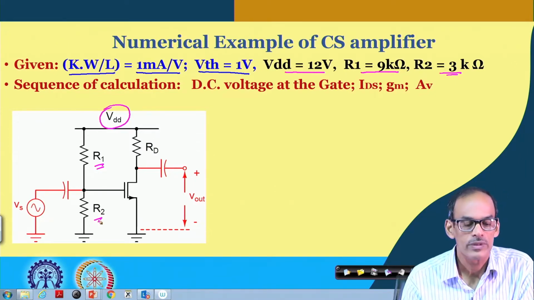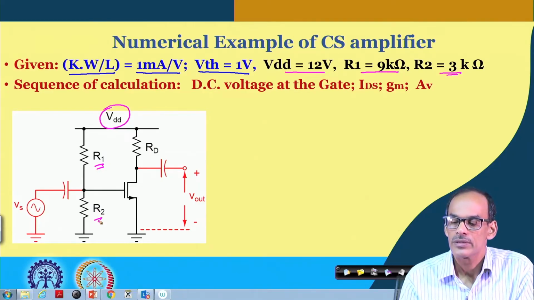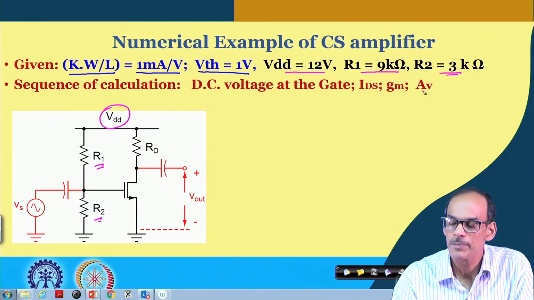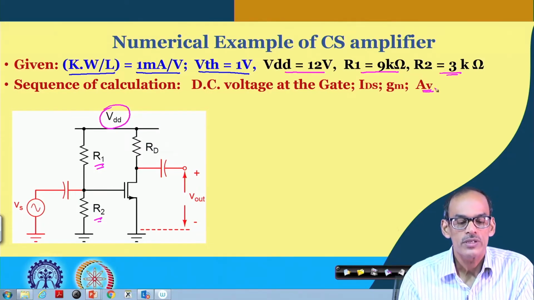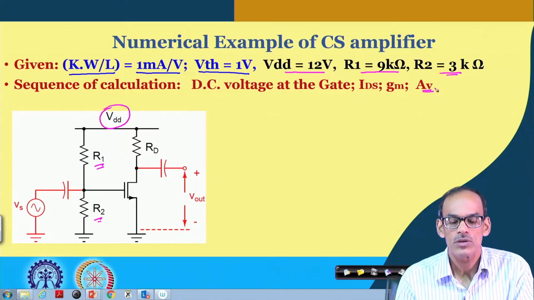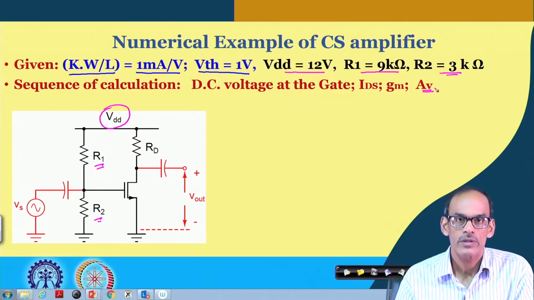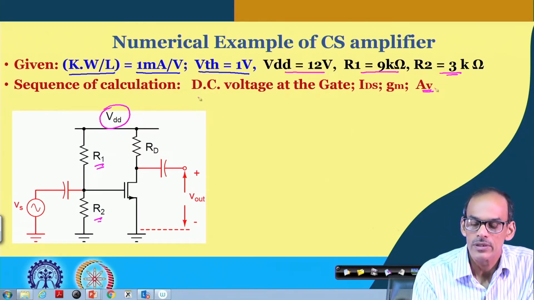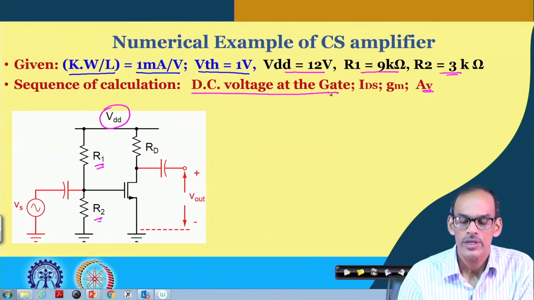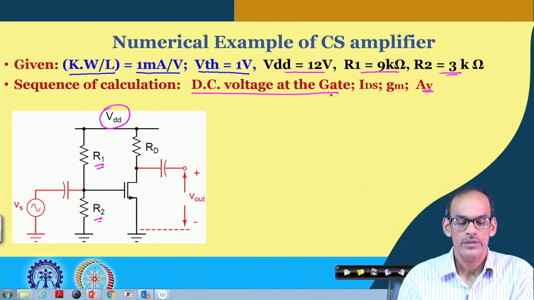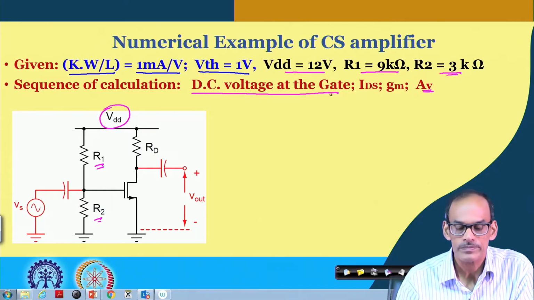So, how do you find the gain of the circuit? From this information, what will be the procedure or sequence of calculation? First thing is the DC operating point, and to do that we need to get the DC voltage at the gate, or gate to source.